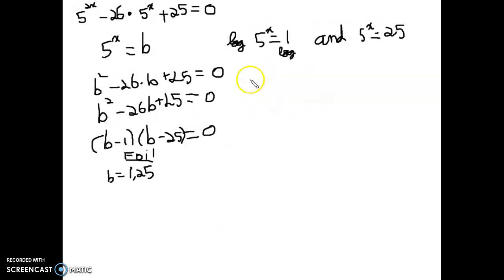And so essentially what we have is, after taking the log on both sides, we get log. Remember, when we take the log of each side, we have to take the base, so log base 5, and then multiply it by the exponent, x, is equal to log of 1.